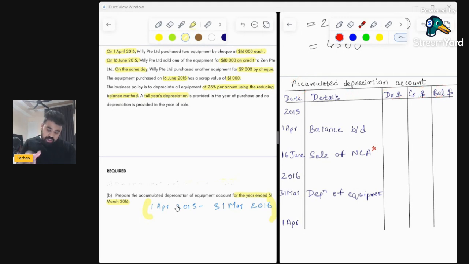Now, the financial year starts on 1 April 2015, and we're going to start with our opening balance, which is what we write as balance brought down. Now, what is this opening balance? 1 April 2015 is the beginning of year 3.